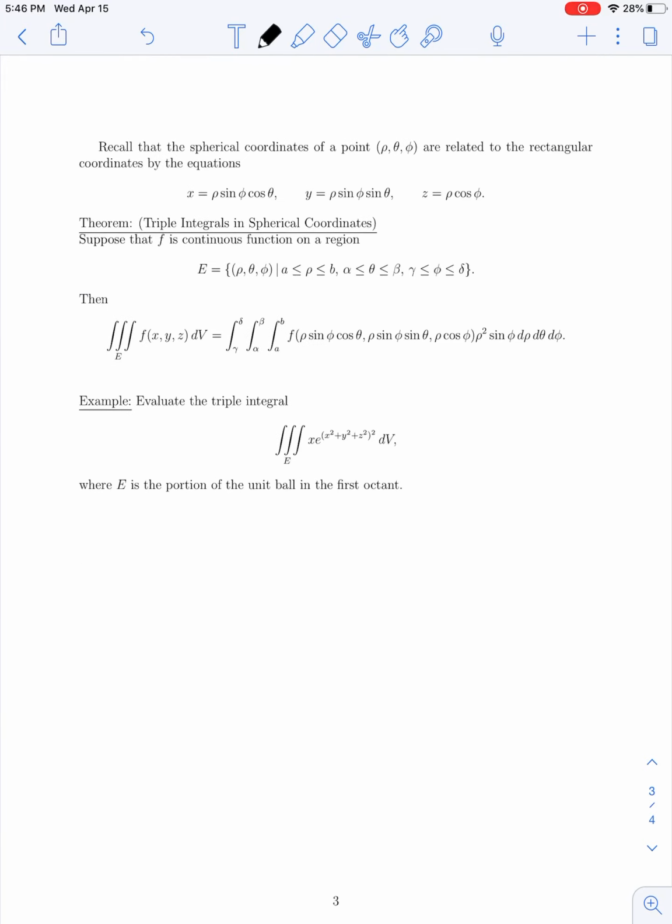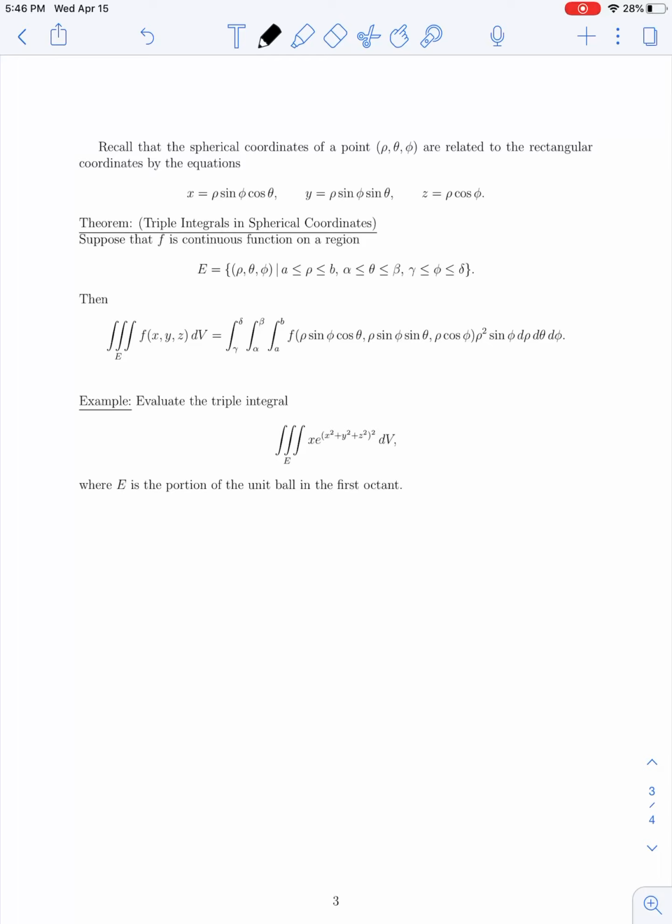Let's move on to the next part of our section. Let's suppose that we are integrating a triple integral over a solid region, which is maybe part of a sphere, or if we want to integrate over a sphere of a given radius. Spheres are not as easily described in terms of rectangular or cylindrical coordinates, but they do have easy descriptions in terms of spherical coordinates.